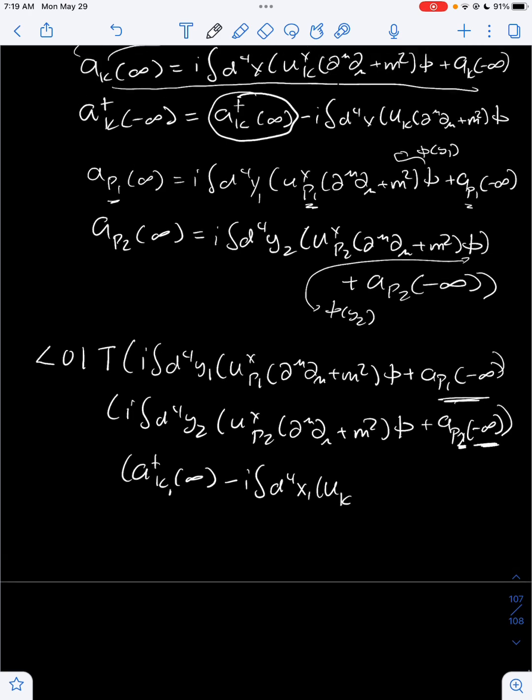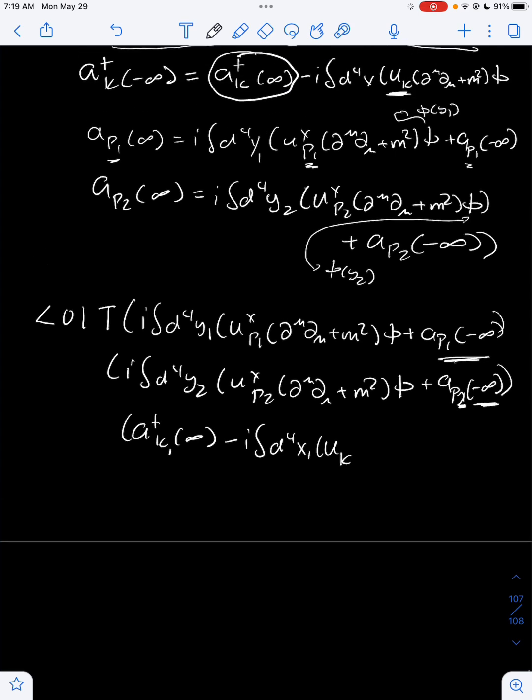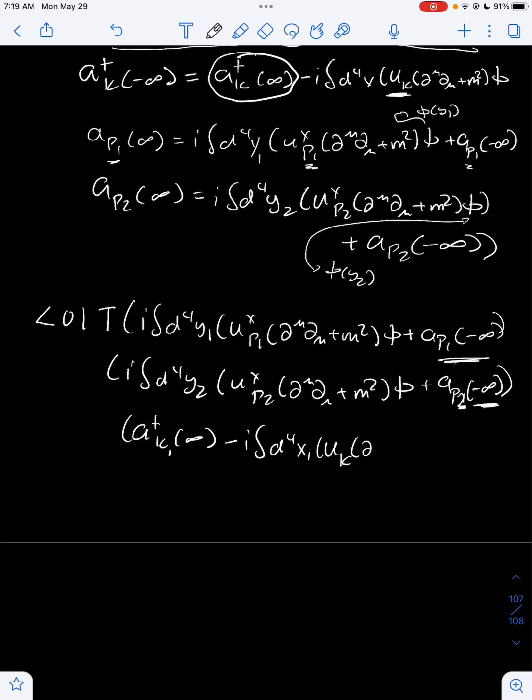Note that u conjugate k is the conjugated version of u k, so they're going to have opposite signs. So u k, and then this spatial part, x1. I'm going to omit the x1 for now, though. Okay.